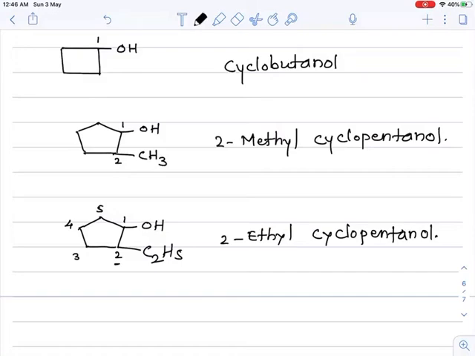Okay, so these are some cyclic alcohols and they are named according to the IUPAC system. So cycloalkanols, and here we complete the part on the nomenclature of alcohols.